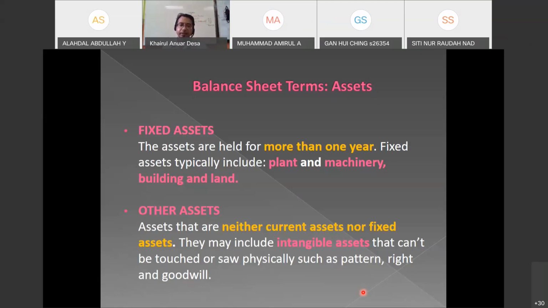Hak cipta macam, kawan-kawan kita di creative industry, BCIM, industri kreatif management, macam you tulis script, macam you tulis lirik lagu, ataupun you punya idea, melody, that is the hak cipta.